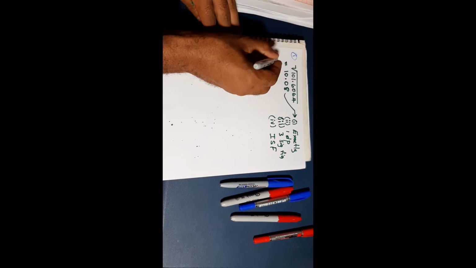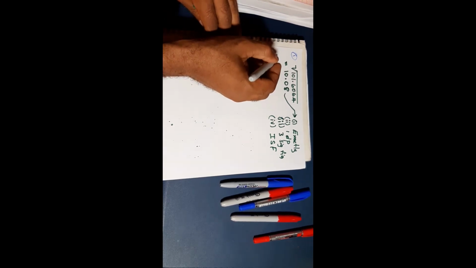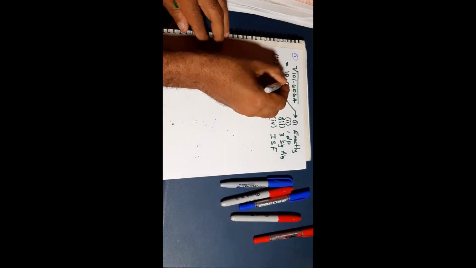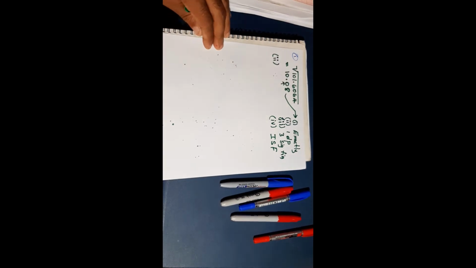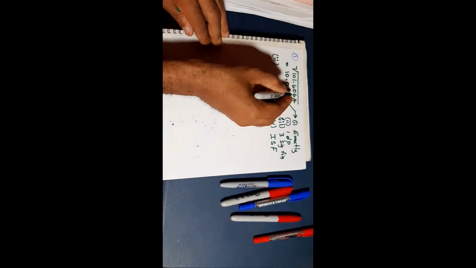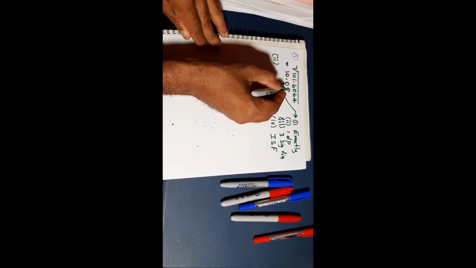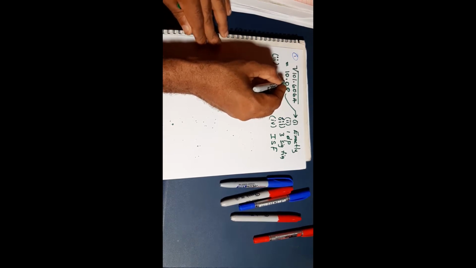Now they said that they want this answer to 1 dp, as in 1 decimal place. That means they want the one number after the decimal point. Now we have 2 numbers after the decimal point. So what we need to do, we need to find the first one. The 0 would be the first one. Now we have to focus on the number that comes after the first decimal place. It's an 8, so that means I'm going to have to round up the first number.